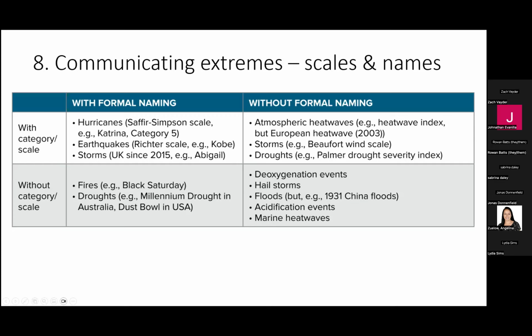But they do have a category and a scale. And in the other case, there are some things that don't have a category or a scale, but do get names. So in Australia, we name really extreme bushfires by the day of the week they occurred. So we have had a Black Saturday bushfire, a Black Tuesday, a Black Thursday. In fact, after you've had 7 of them, you run out of options for calling them by the day of the week. So that's a slight problem with that.